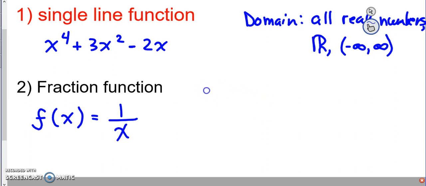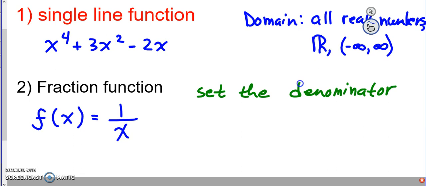But what you have to do here is set the denominator equal to 0, and solve for the variable.